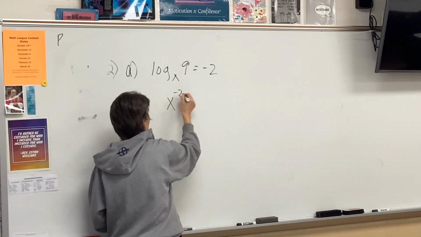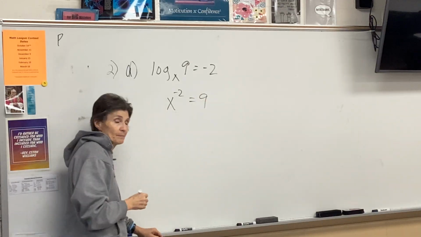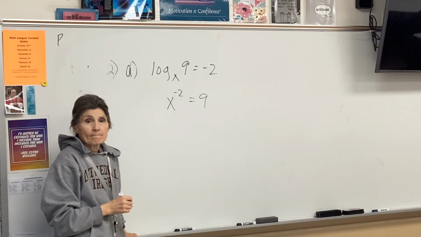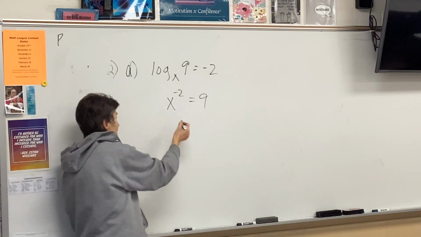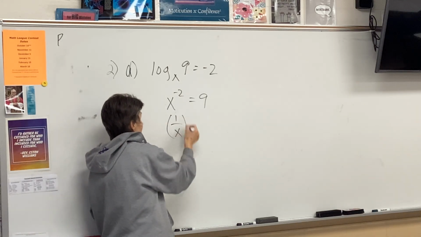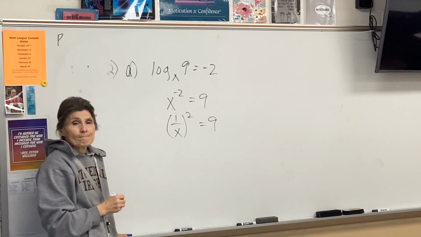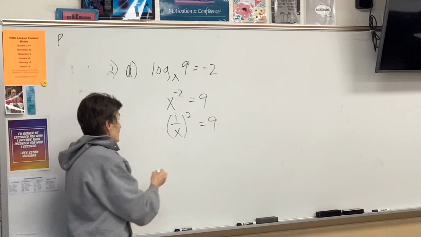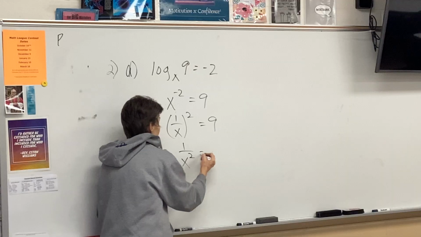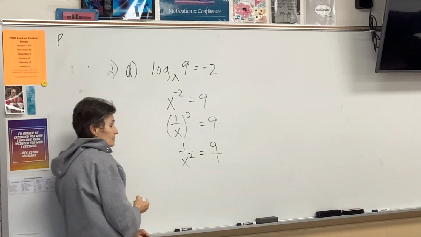So x to the -2nd equals 9. This means 1 over x squared, that's 1 over x squared equals 9.